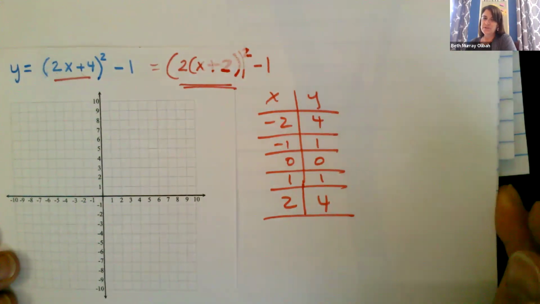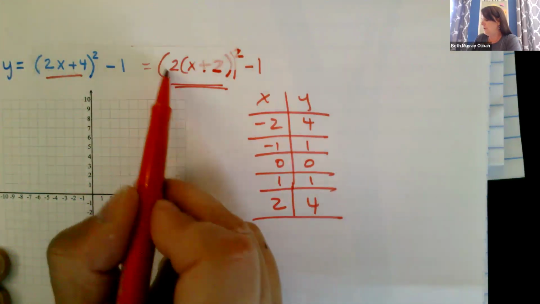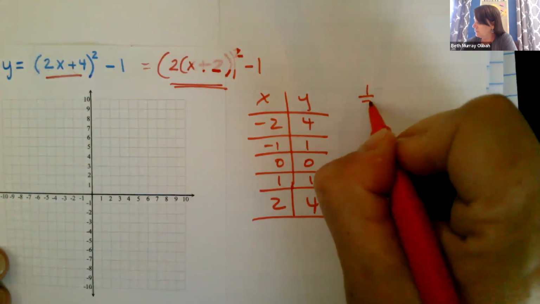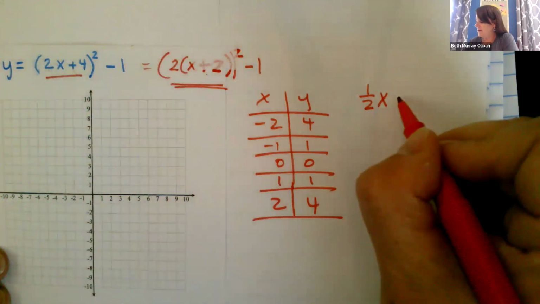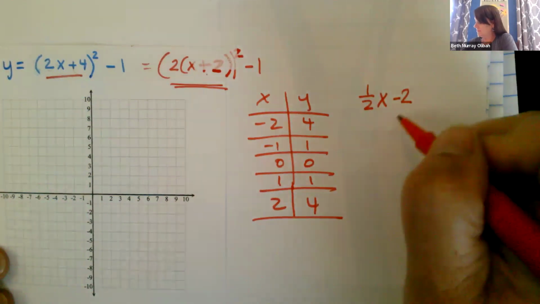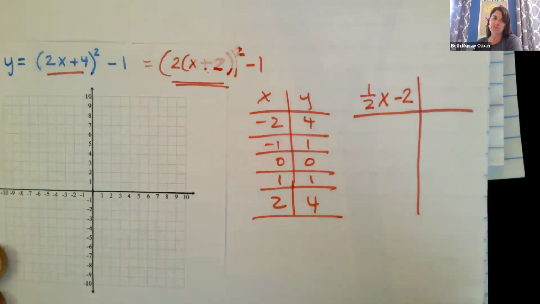There's my parent graph numbers, and now what do I need to do to them? To the x, I have a 2 being multiplied, so I need to remember to flip it. And then I have a 2 being added, so I need to subtract it.